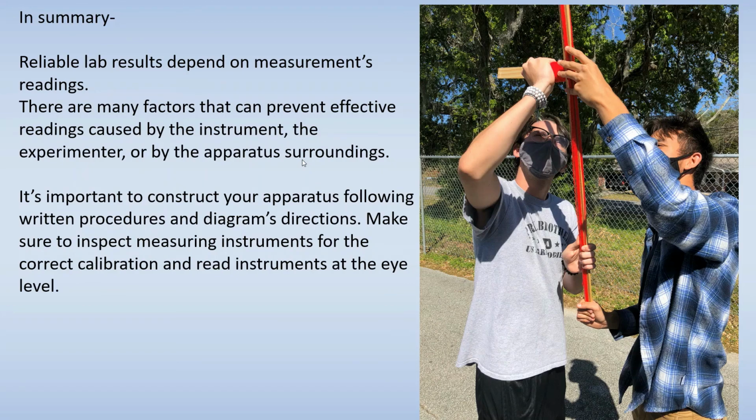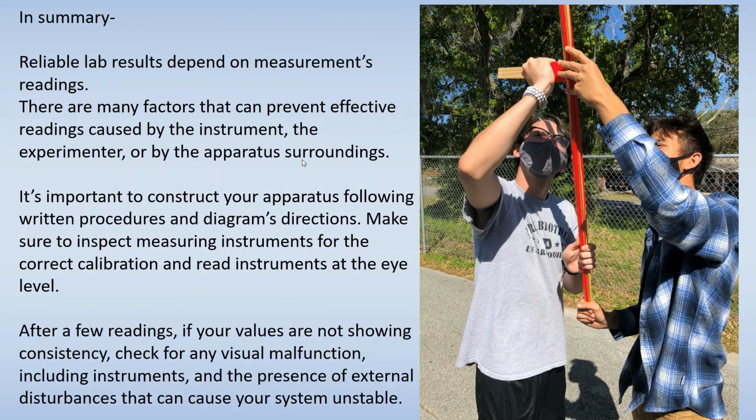Make sure to inspect measuring instruments for correct calibration and read instruments at eye level. After a few readings, if your values are not showing consistency, check for any visual malfunction, including instruments and the presence of external disturbances that can cause your system to be unstable.